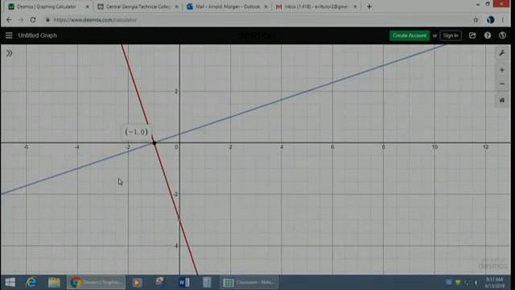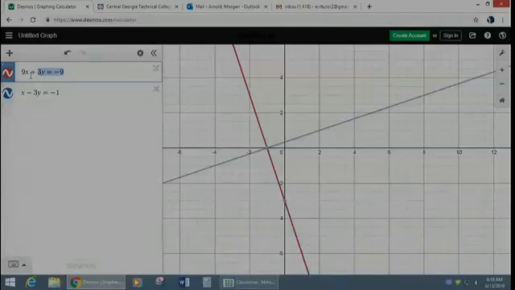Any questions about solving a system through graphing? Let's look at another system. This system I'm about to type in, we will solve it algebraically later.